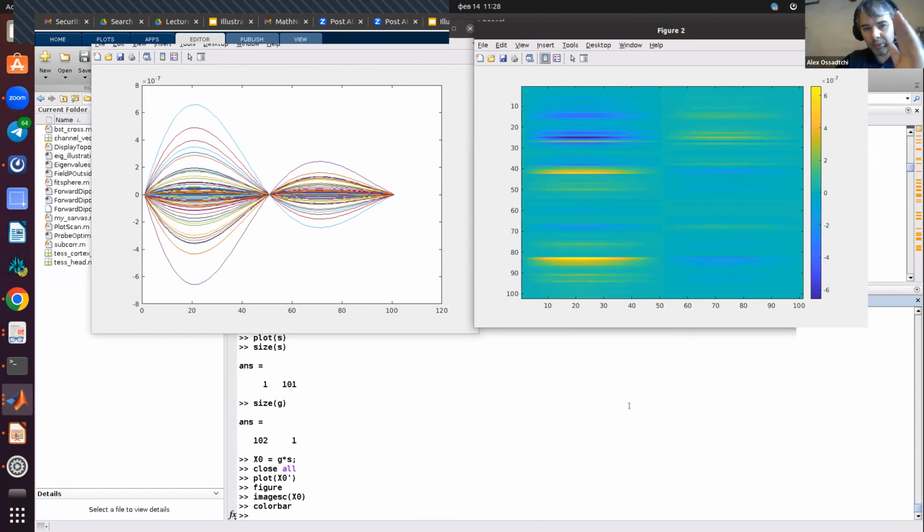Of course, in this case every column is just a scaled version of vector G, and every row is just a scaled version of vector S, right?